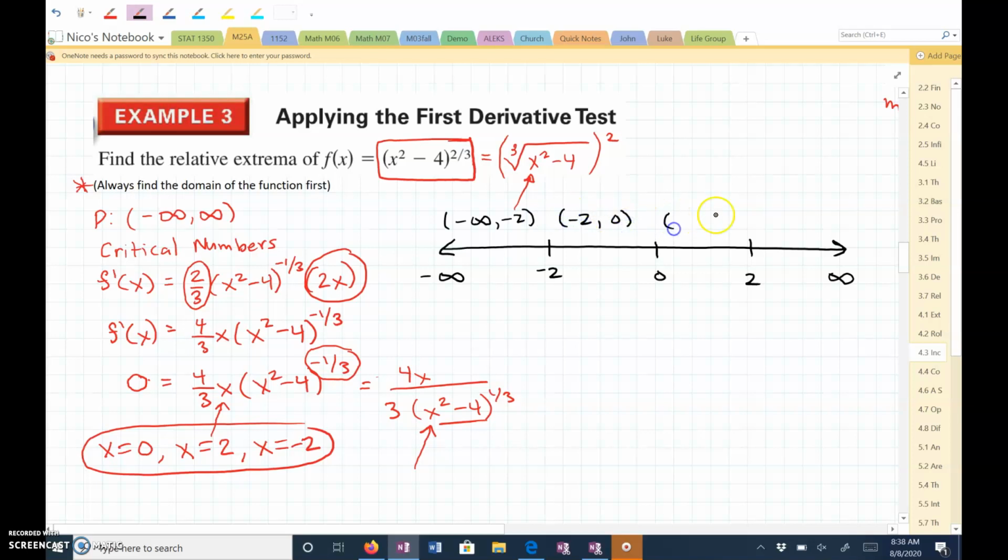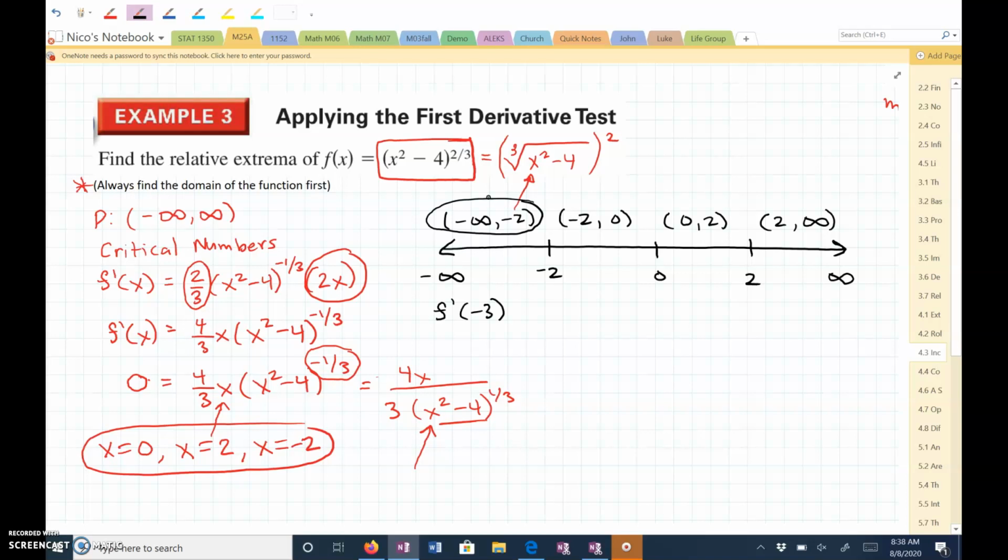For each of these intervals, we're going to figure out whether it is increasing or decreasing. Okay? And we're going to do these test points. So the first test point, I'm going to do f prime of negative 3. Okay? Because that's a point that's in here. And all I have to do is figure out if it's positive, negative, or equal to 0.